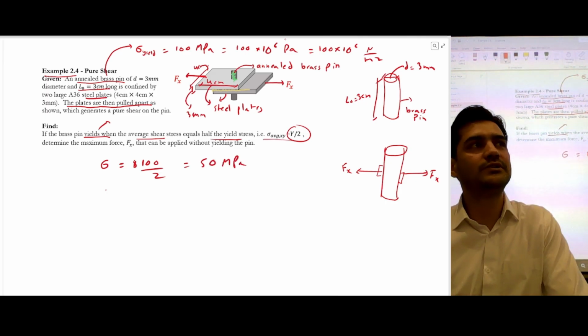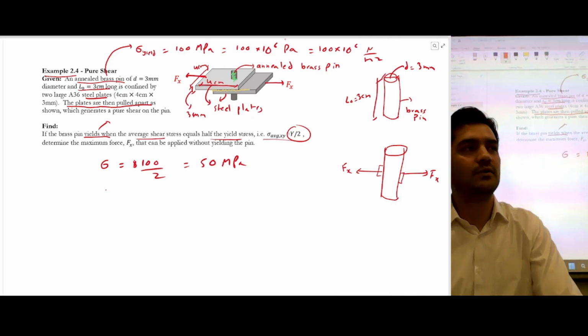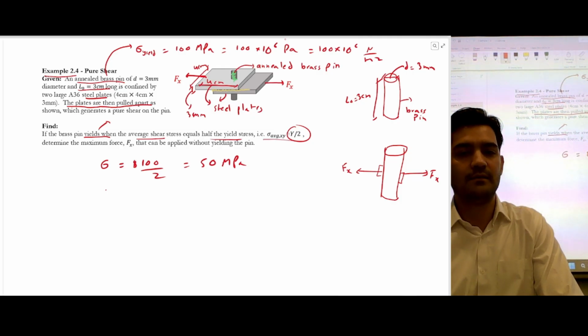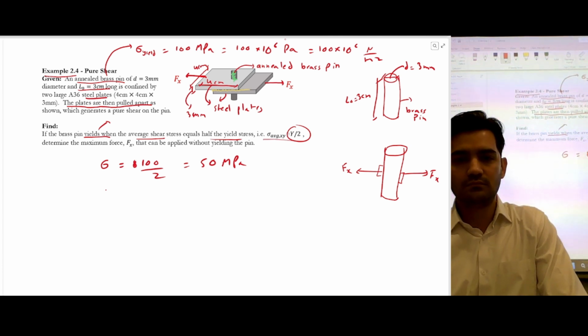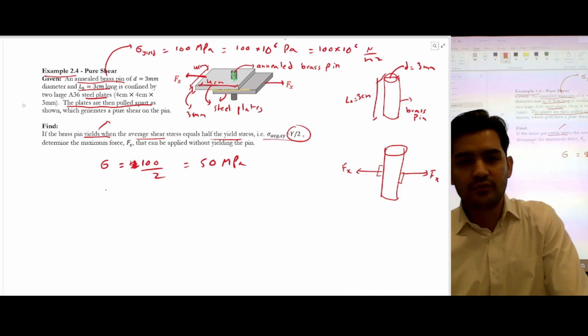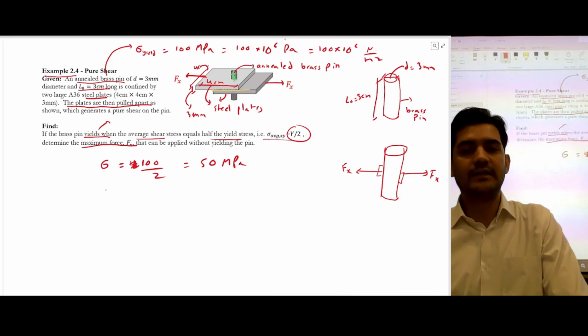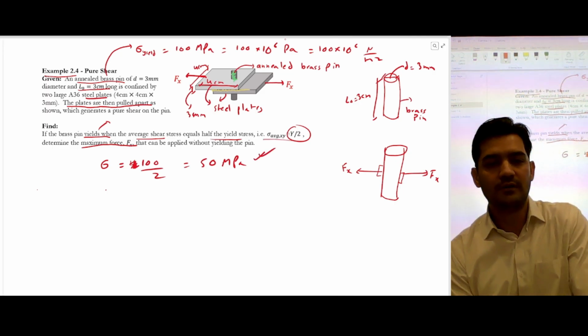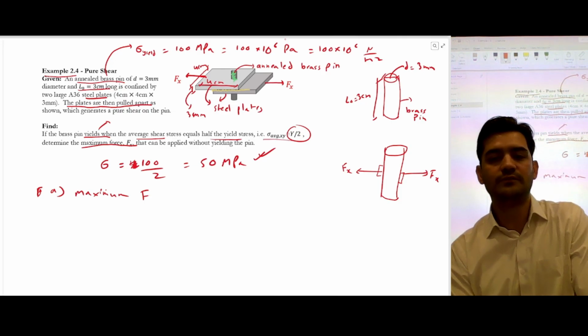So that's the maximum stress we're going to apply. We have to calculate the maximum force that can be applied at this stress level. So the question is to calculate the maximum force.